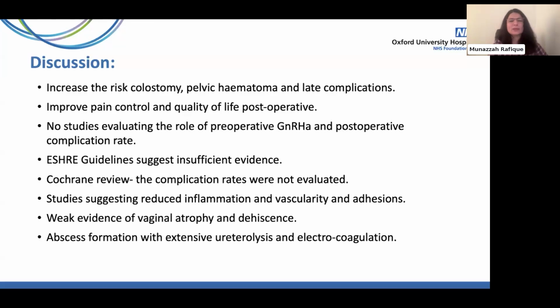There is very limited evidence, a few case series, showing abscess formation with extensive ureterolysis or electrocoagulation, and weak evidence about vaginal atrophy and dehiscence, but there were very, very few studies. We find some studies that suggest that preoperative GnRH use can reduce inflammation, vascularity, and adhesion formation.